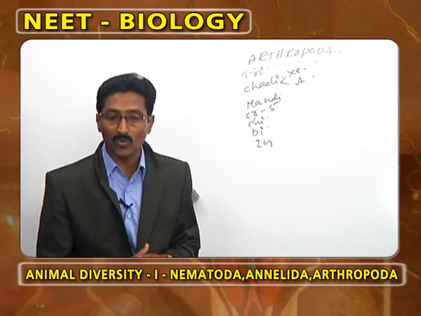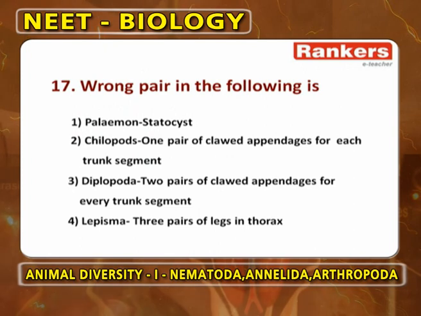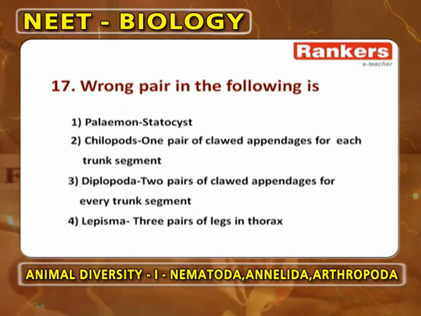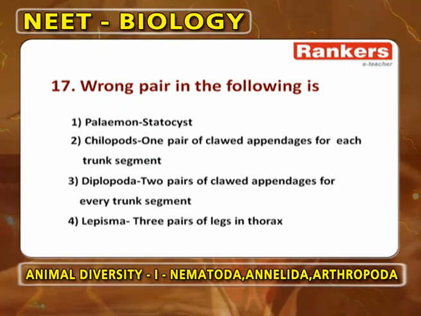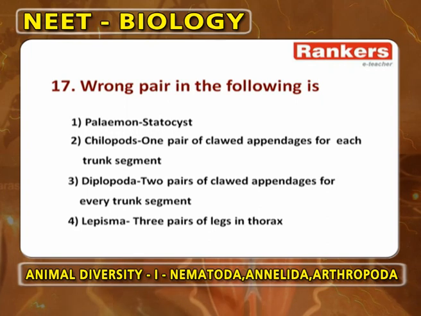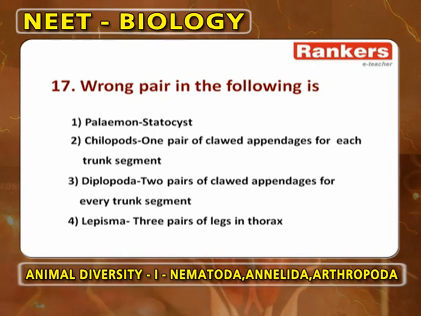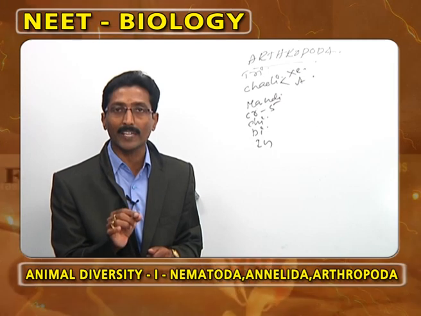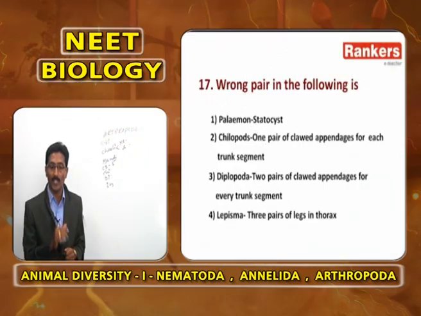Now what is the next question? The wrong pair in the following is: the first one is Palaemon. Palaemon means freshwater prawn. Here the sense organs are statocysts, that is correct. Chilopoda: one pair of clawed appendages for each trunk segment. In the class Chilopoda, the body is divided into segments, each segment having clawed appendages, that is also correct.